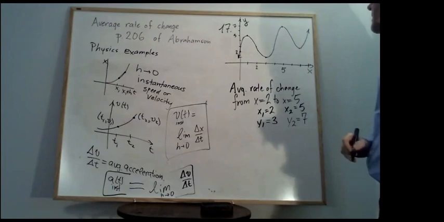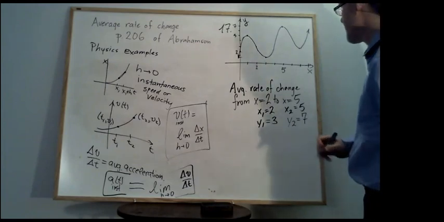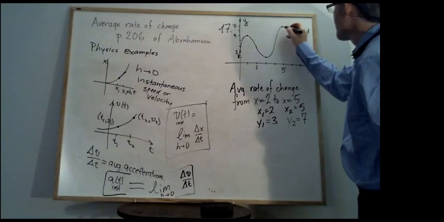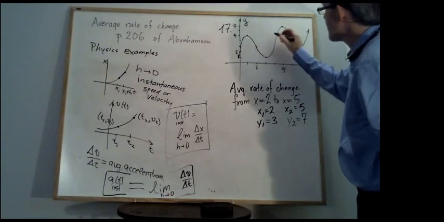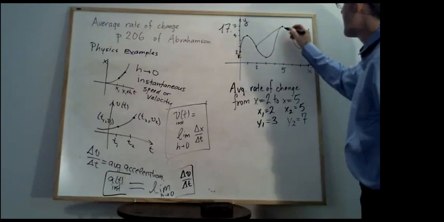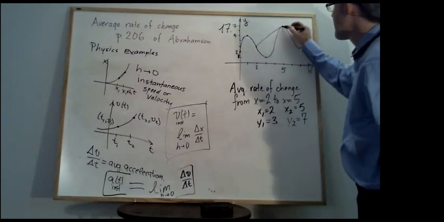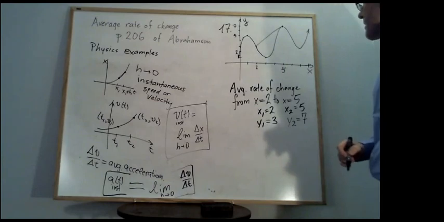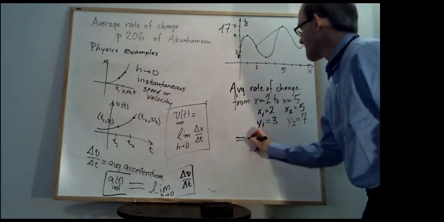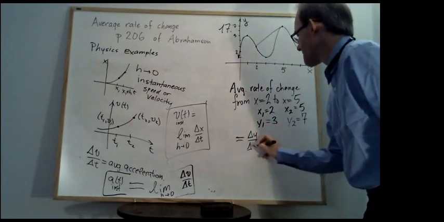Okay. So these 2 points are the endpoints. So if you draw the straight line between them, it's just the slope of that straight line. So delta y over delta x.